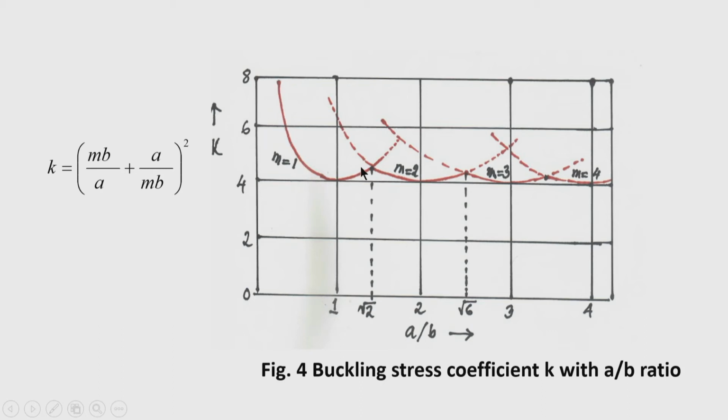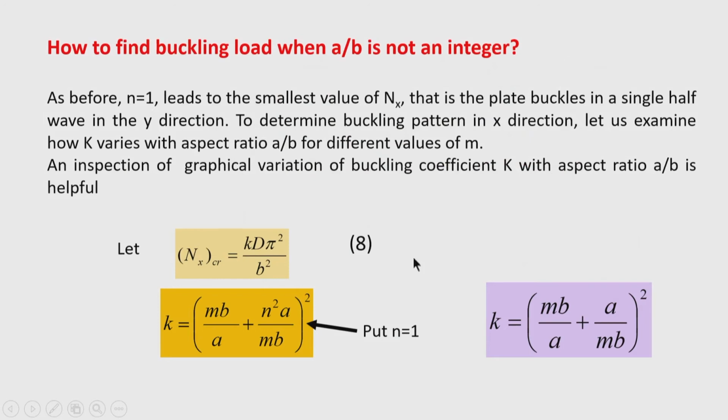So, this is the curve for m is equal to 1. For m is equal to 1, the lowest buckling coefficient is 4. So, that means when the half wave number in the x direction is 1, then we can find the buckling load by taking k is equal to 4. Okay. N is already 1, that we have determined earlier.